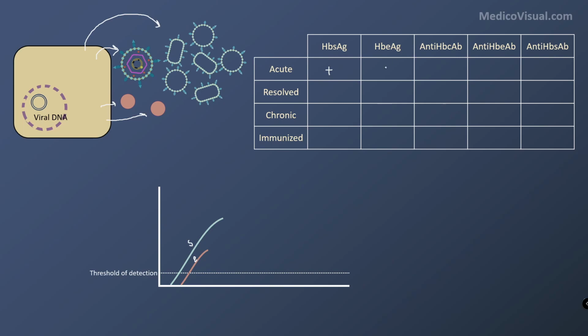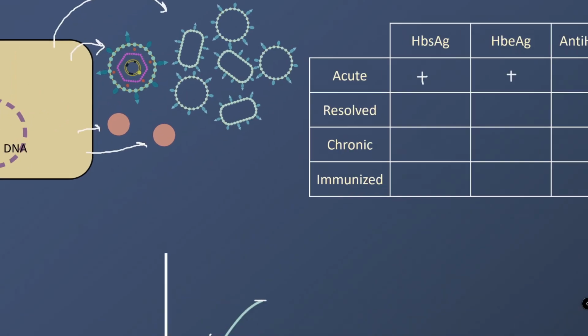E antigen will be positive. But the quantity of E antigen being produced is not as large as that of surface antigen. So the spike of surface antigen will be larger as compared to the spike of E antigen. Clear up till now?